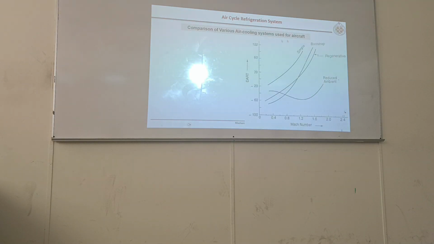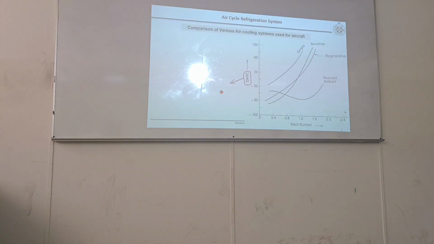Now here is a comparison of all the types of air cooling systems which we have covered, as a function of DART. What was DART? Remember anyone? Dry air rated temperature. What was dry air rated temperature?